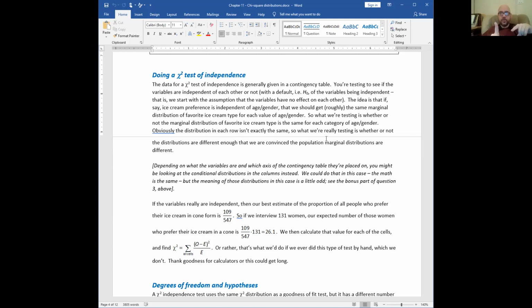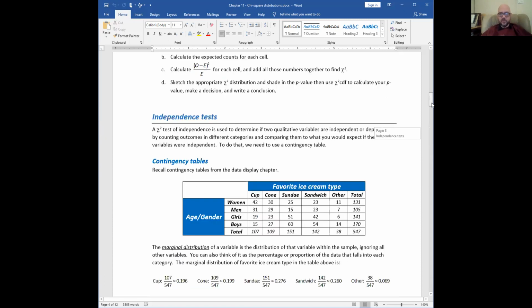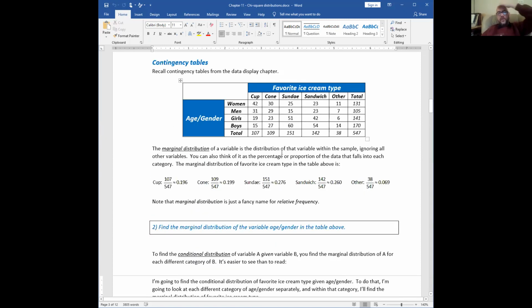Here's how the math works. The null hypothesis is that they are independent, that one has no relationship to the other. So here's my table. What that means is, if it is the case that age, gender has no effect on favorite ice cream type, then we would expect the marginal distribution of favorite ice cream type for women to be roughly the same as that for men, which is going to be roughly the same as that we would see for girls and for boys.